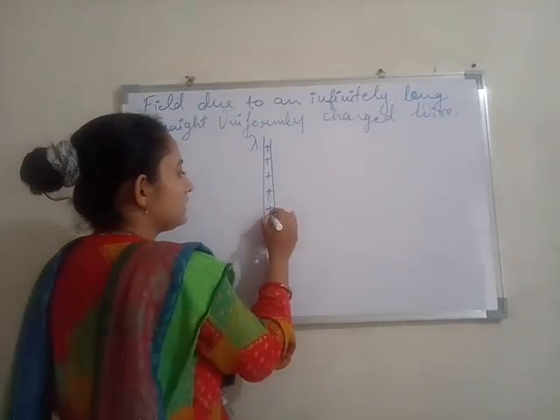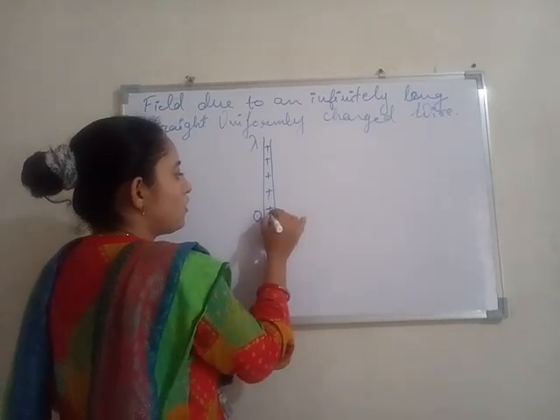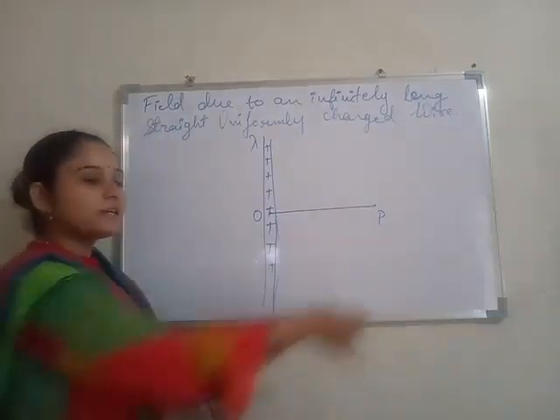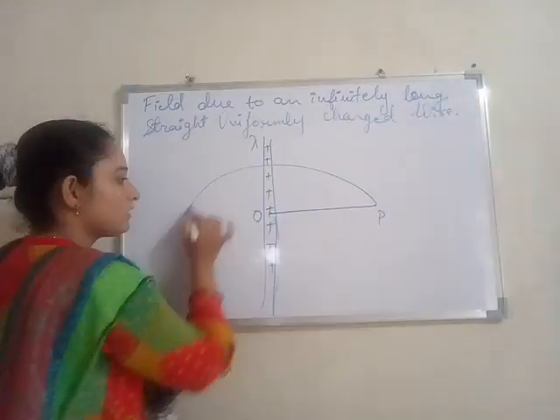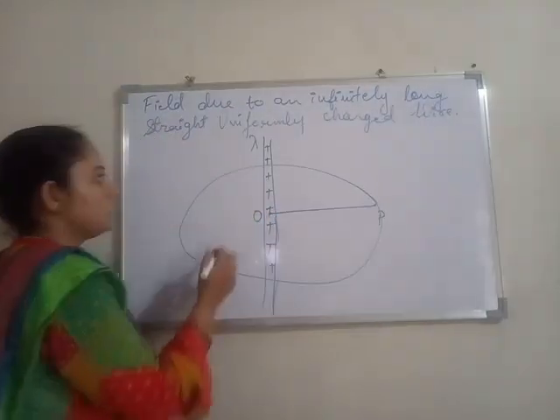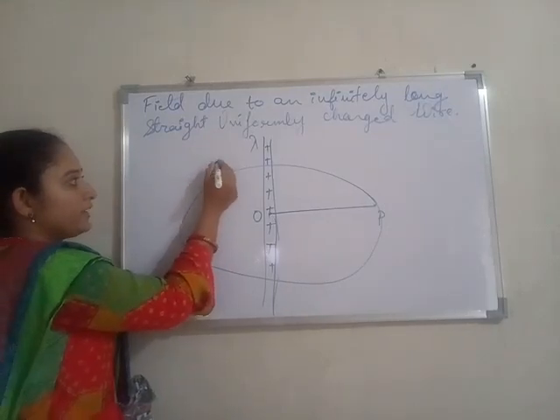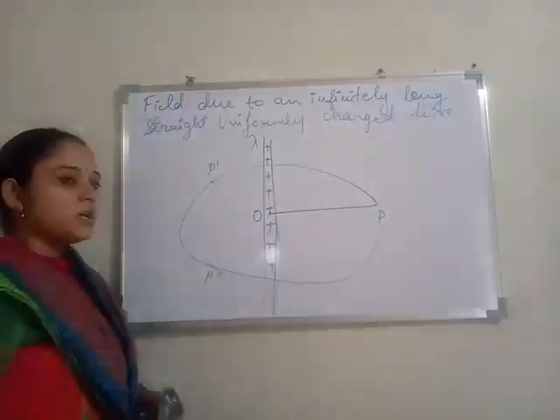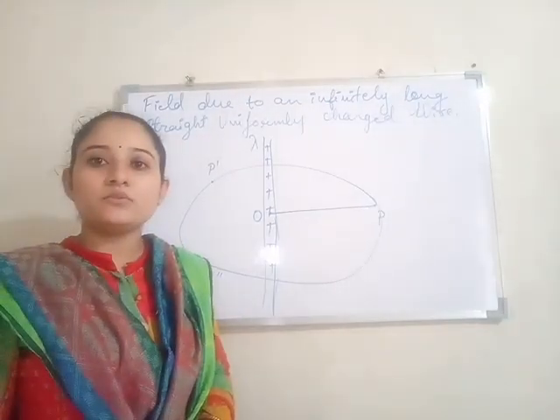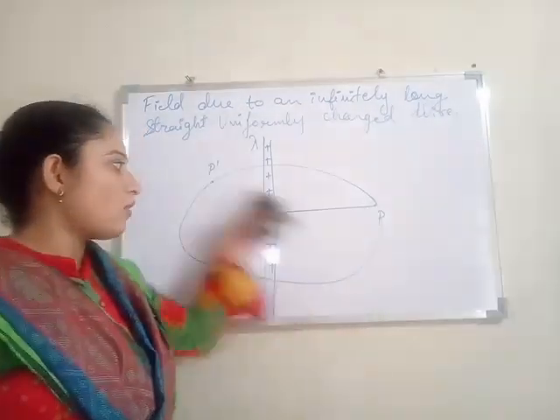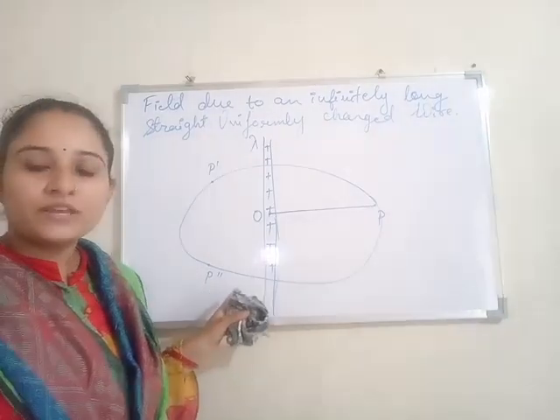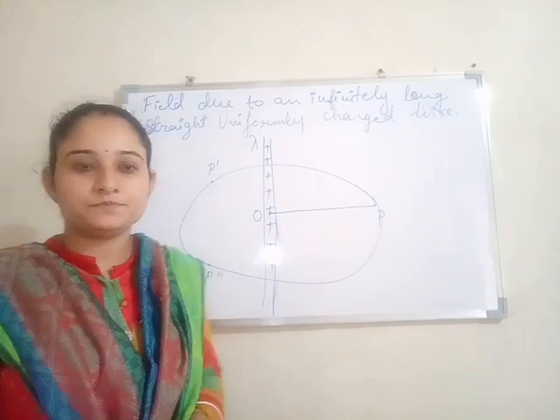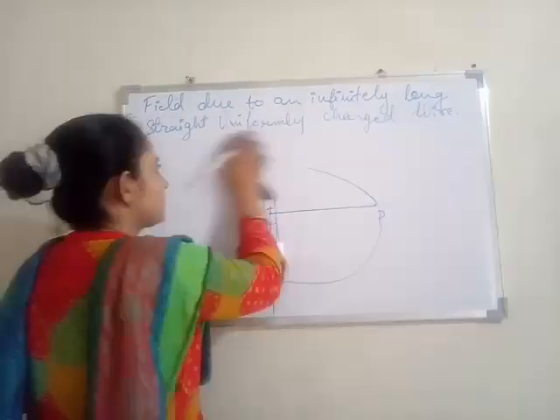We will take this point O and a vector OP and circulate it along the whole wire, so we get different points. For example, say P dash and P double dash. We get the equal magnitude of electric field at all the 3 points, so we can say that the electric field is radial.